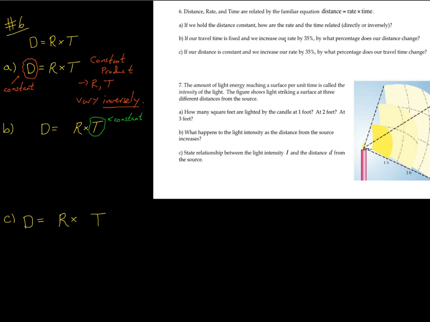Now, if I go ahead and increase our rate by 35%, so I'm going to speed up, right? If I'm going to drive still for 2 hours, I would then expect my distance would increase, because I'm going faster. All right, so how do I actually determine the actual percentage by which our distance will increase?